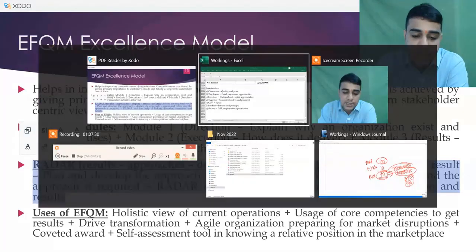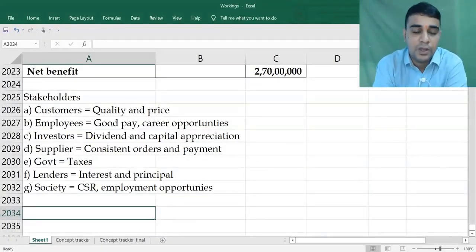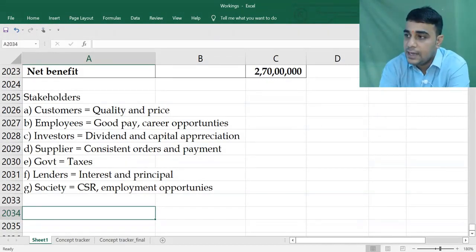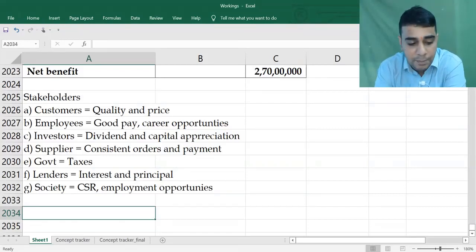An organization may want to achieve these things: good quality product, affordable pricing, good pay and career opportunities for the employee, dividend and capital appreciation for the investor, consistent orders for the supplier, and prompt payment of taxes, interest and principal, CSR activities and employment opportunities. These are the results an organization wants to achieve.